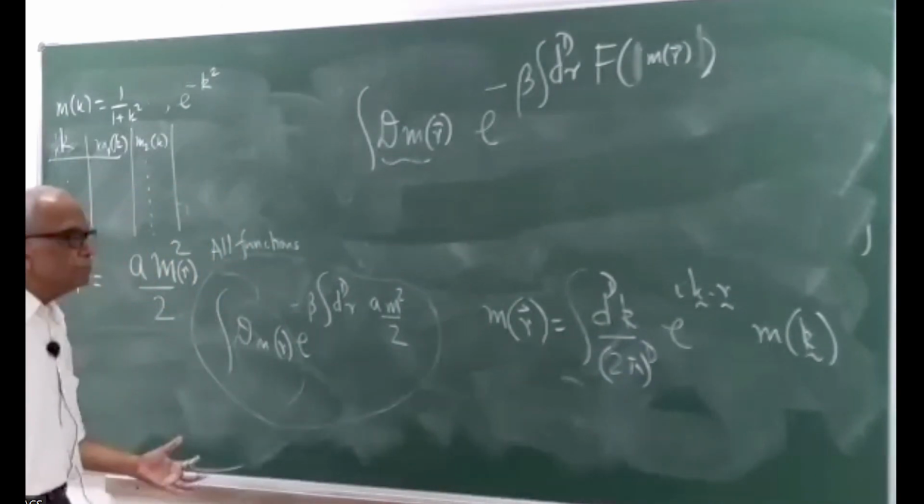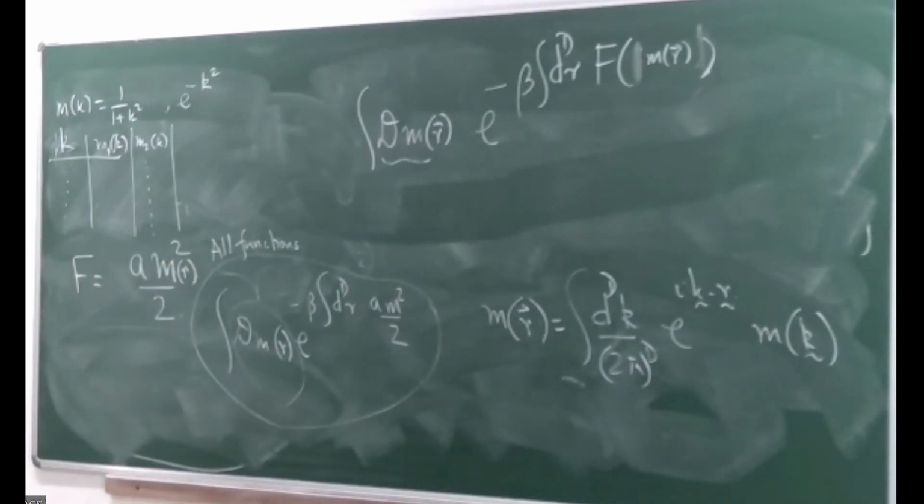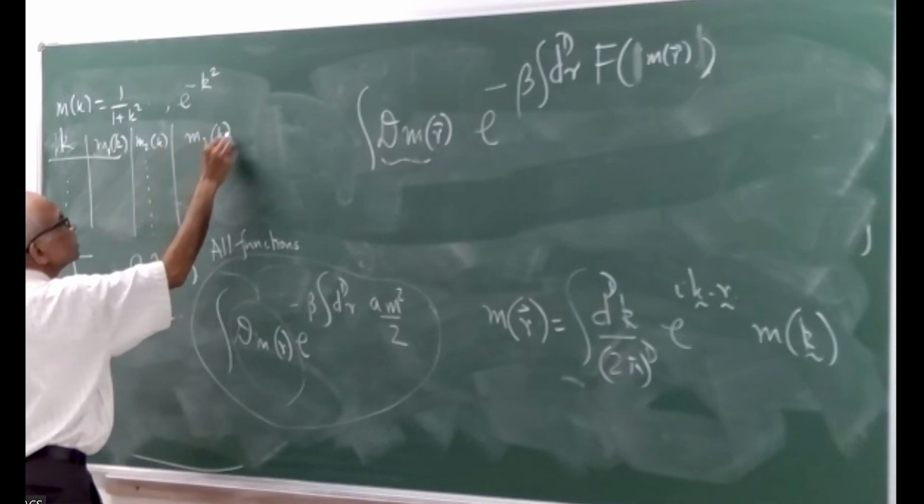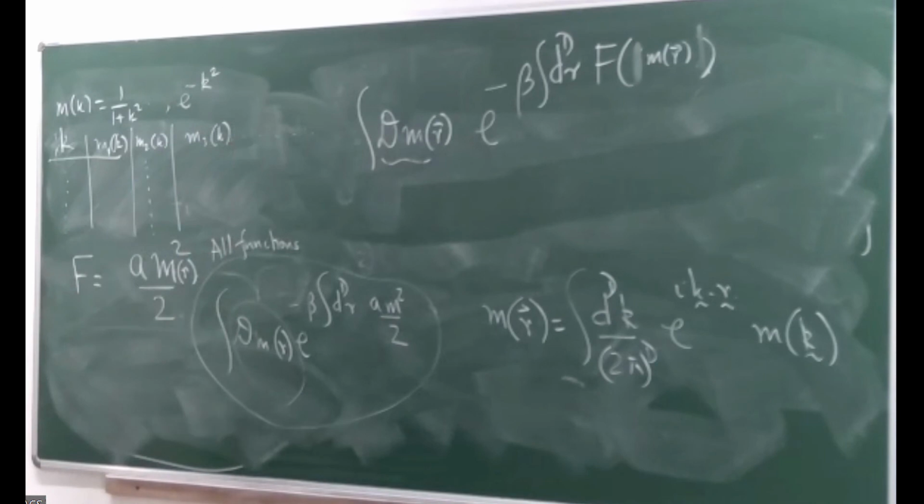So what does the sum over all m of k imply? What is the picture that you will get out of the sum over all m of k? Well, I write down all m of k, as I said, I write down this. And now focus on a particular k. So this is my k of choice.